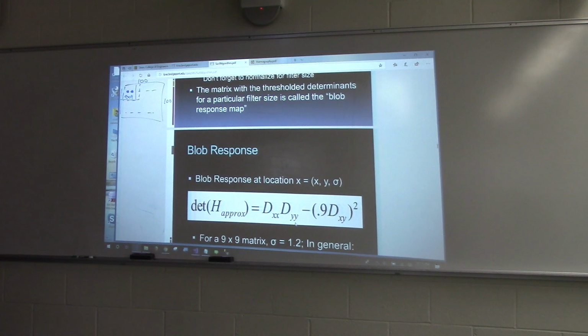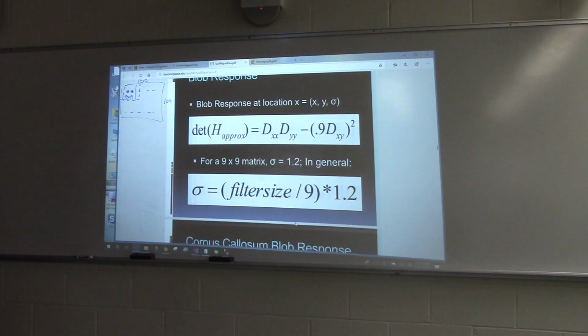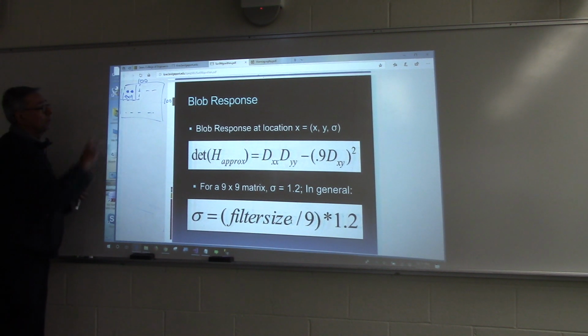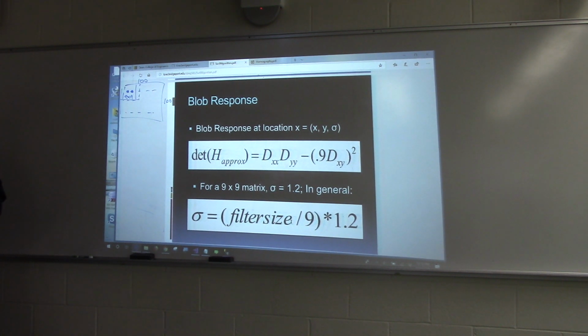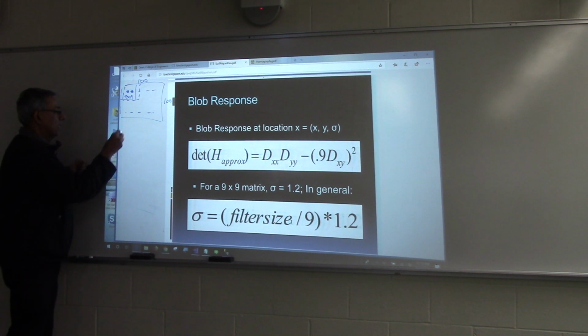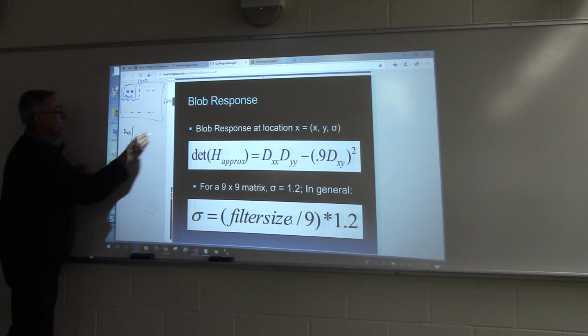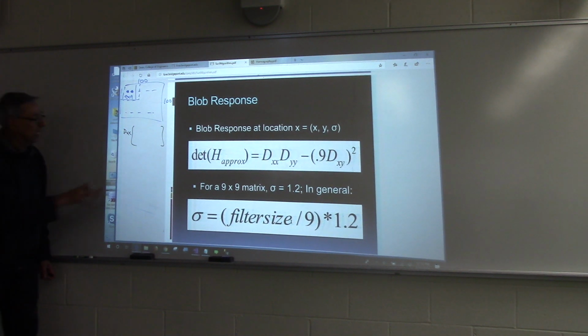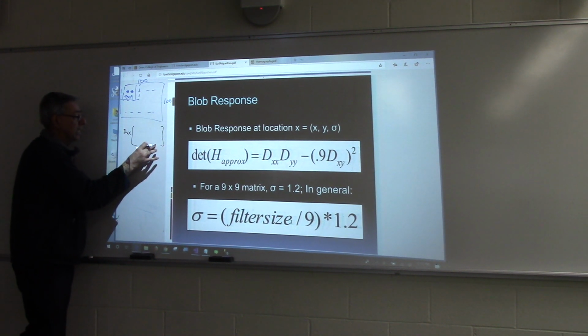Okay, so now let's pretend we went through and applied those 9 by 9 filters, the Dxx. So will we get a Dxx matrix? If the original image was 100 by 100, this may be 96 by 96, or 90, okay, whatever, 94 or 96 by 96, right?